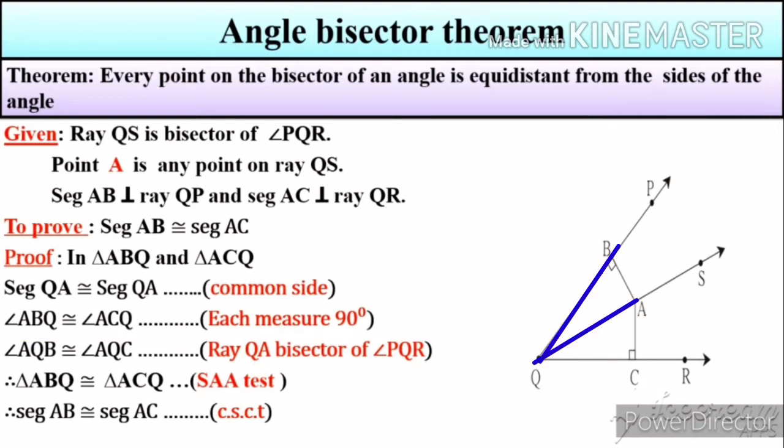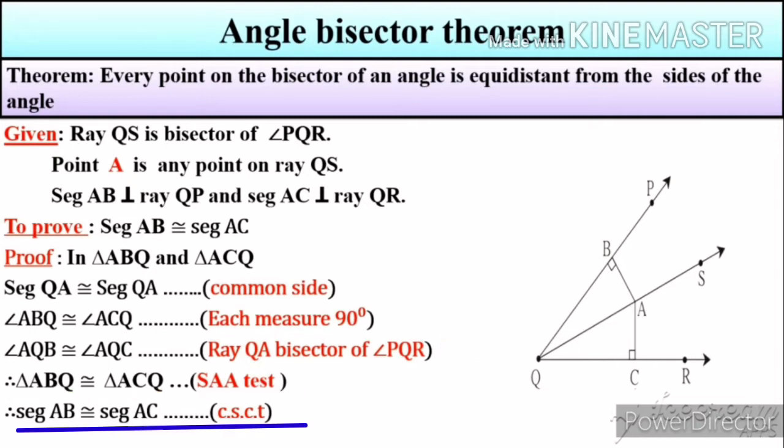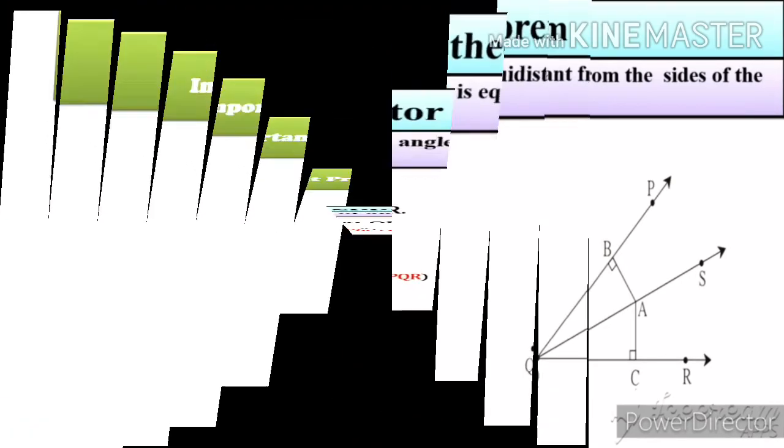Angle AQB is congruent to angle AQC, as ray QA is a bisector of angle PQR. Therefore, triangle ABQ is congruent to triangle ACQ by SAA test. Therefore, segment AB is congruent to segment AC by corresponding sides of congruent triangles.